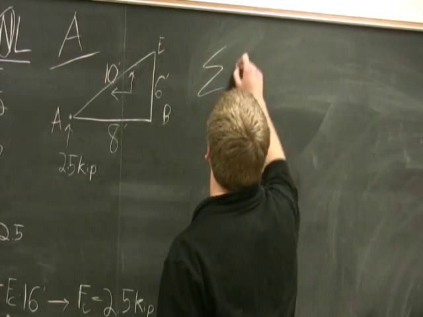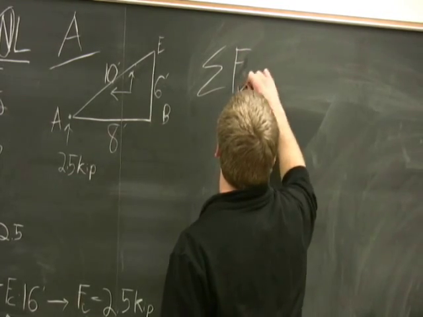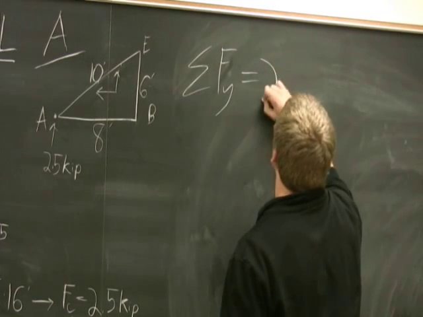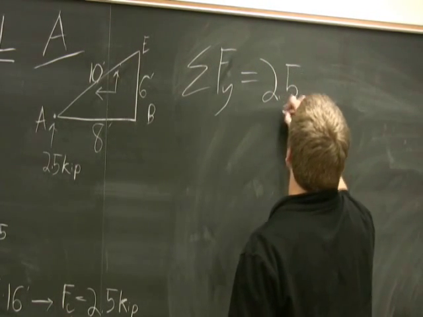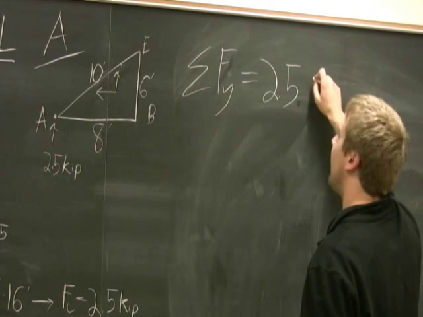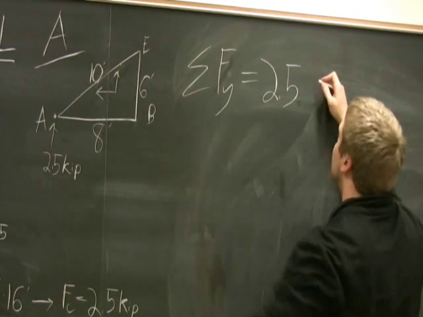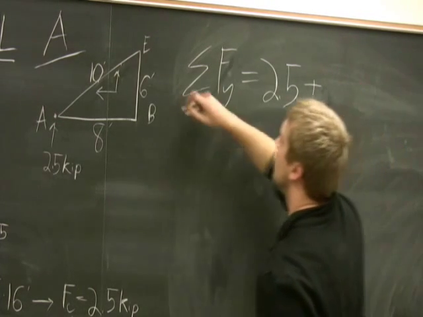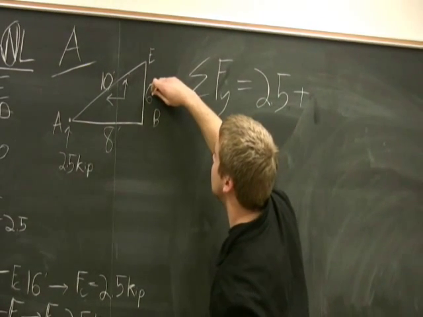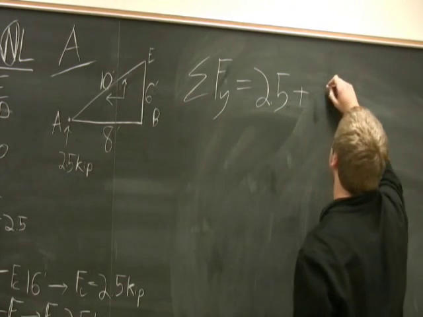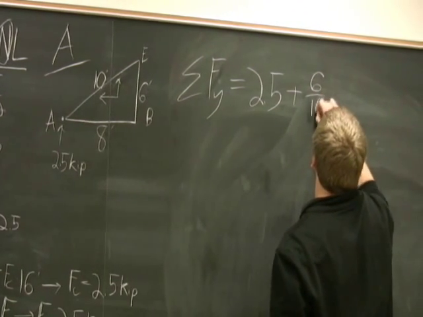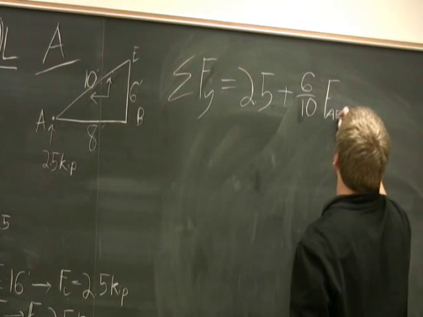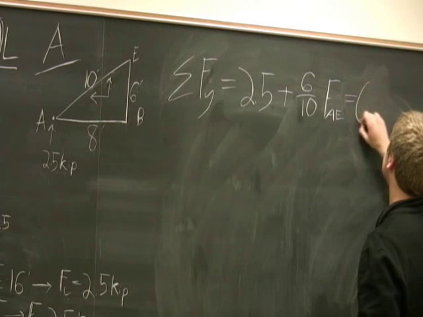So we're going to take the sum of the forces in the vertical direction at A. First we have a force of 2.5 kips acting in the positive direction, and then we also have the force in AE. Now by the sine rule, the vertical component of the force in AE is the opposite over the hypotenuse, 6/10 times the force in AE, which equals 0.